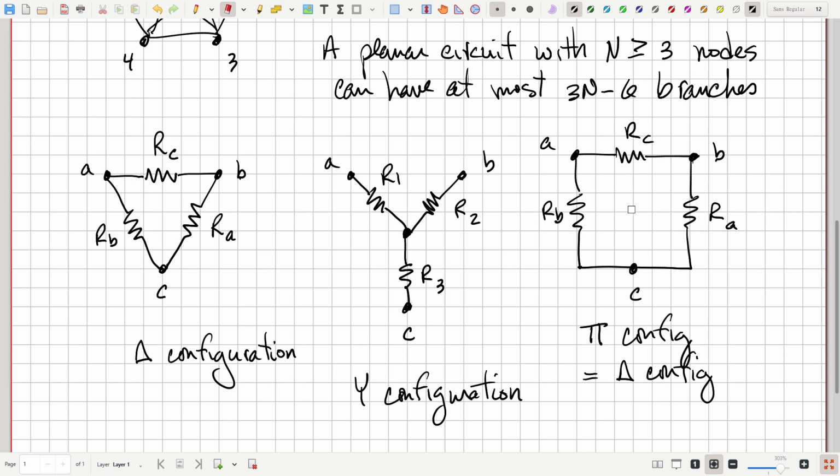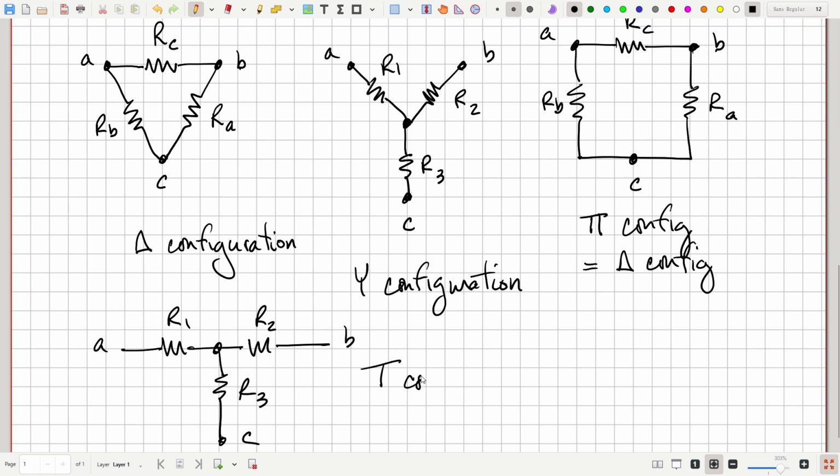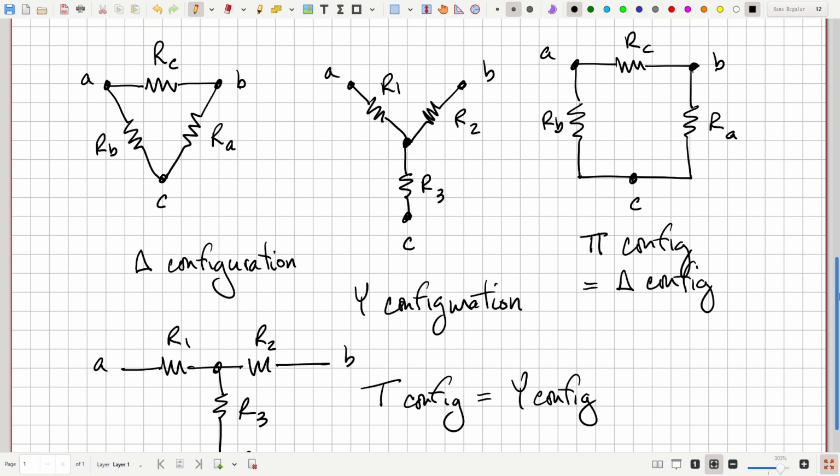Okay, so these are equivalent. And for the Y configuration, we could flatten this out to make what's called a T configuration. It would look something like this. Here's A, B, and C, R1, R2, and R3. So this would be a T configuration, which is equal to a Y configuration.